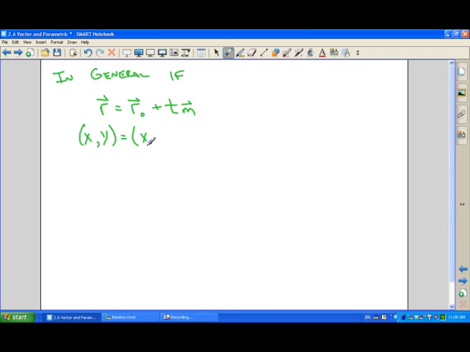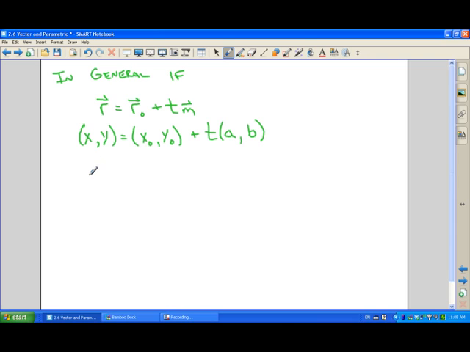That's going to be equal to my starting point x coordinate, starting point y coordinate, plus t times my direction vector, and let's call that a and b.